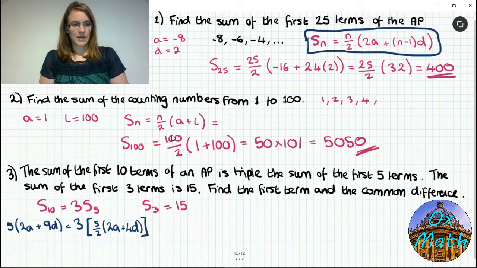So all we've done here is we've said, well, we know that the sum of the first 10 terms, and we've plugged in what we know into this formula up here, is equal to 3 lots of the sum of the first 5 terms, and again we've plugged in everything we know into the formula up here.